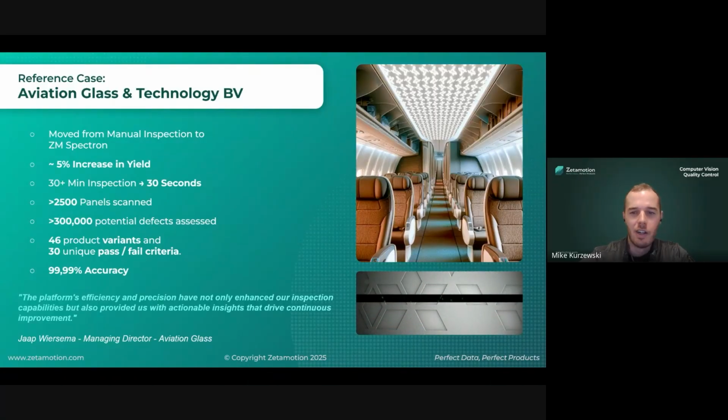It inspects the full product regardless of whether it comes across a defect or not at the start of inspection. And you can start seeing real defect trends and unlocking some insights into those defects because you have that full view of the inspection.